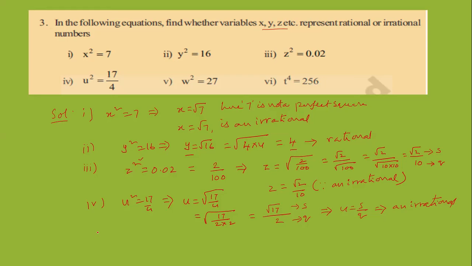You may do the fifth one. That is W square is equal to 27. That implies W equals square root of 27.